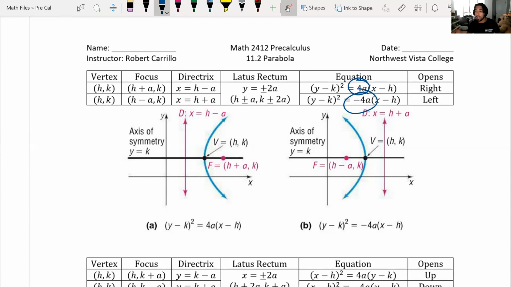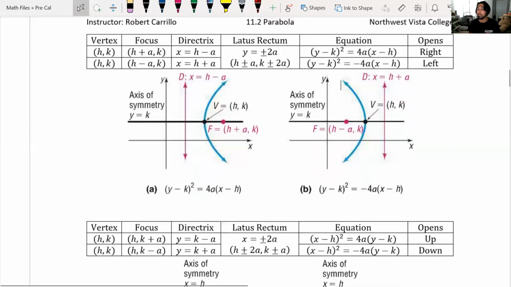Because remember, a is always positive. All right, excellent. So that is if your parabola opens right or left. And we will compare a slight difference between parabolas that open right and left and up and down in a couple more seconds, after I explain parabolas that open up and down.